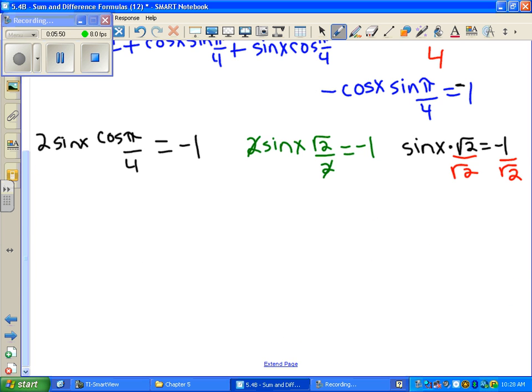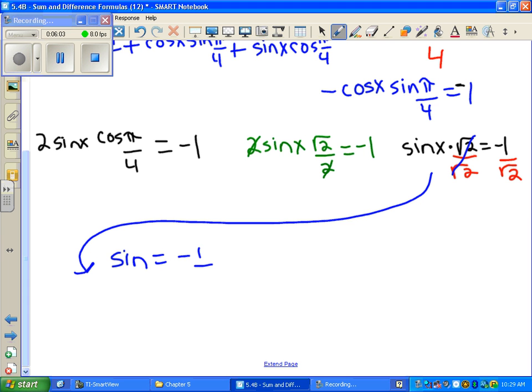I end up with the sine of x equal to negative 1 over the square root of 2. I don't quite recognize this, so I'm going to multiply top and bottom by root 2 over root 2. Multiplying by 1 does not change the value of this fraction, just the way it looks. And now I have the sine of x is equal to negative root 2 over 2.